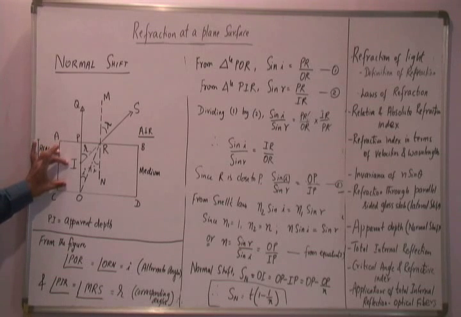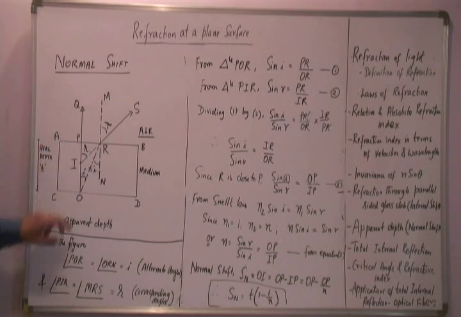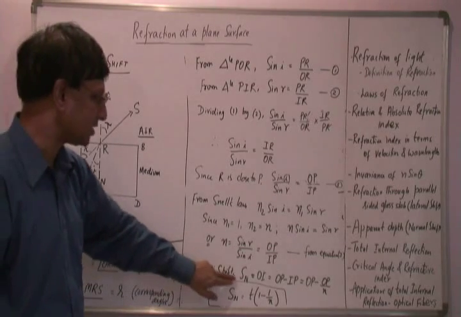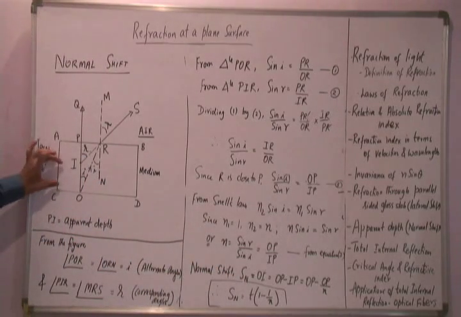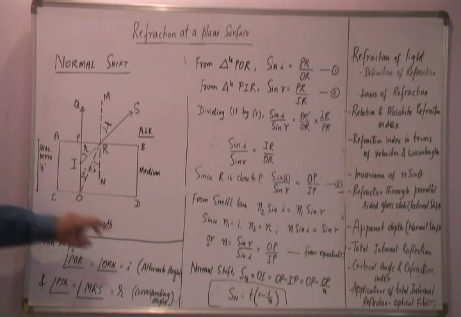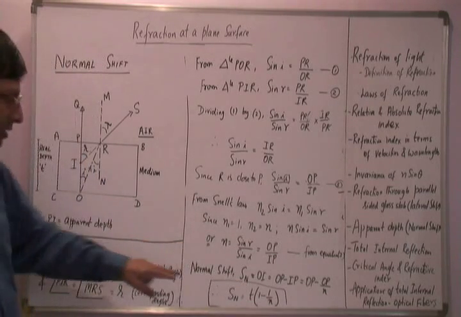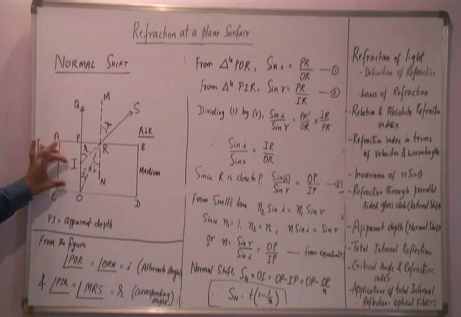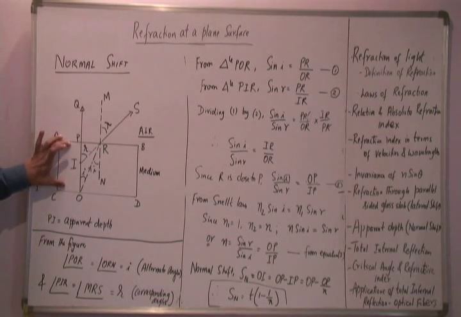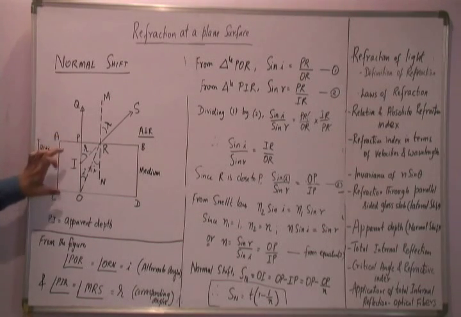Now our aim is to find OI, which is the apparent, which is the normal shift. And therefore what we do is, we designate this OI as Sn, the normal shift. Normal shift is equal to OI, which is the same as OP minus IP. Notice that OI is the same as OP minus PI.